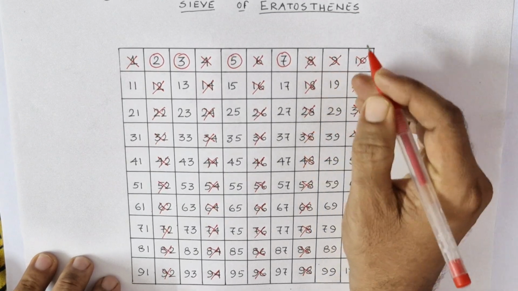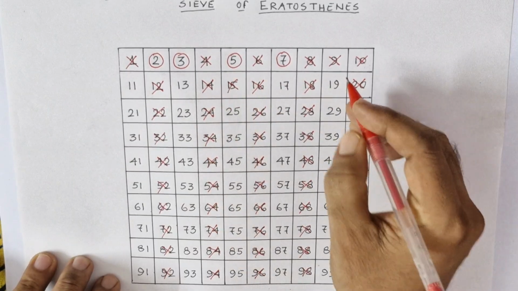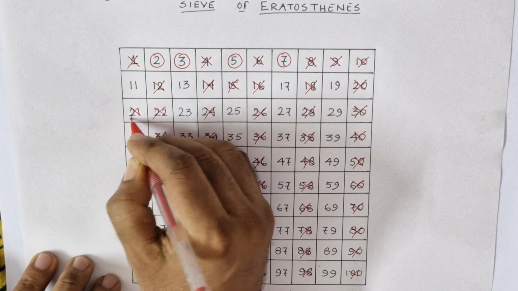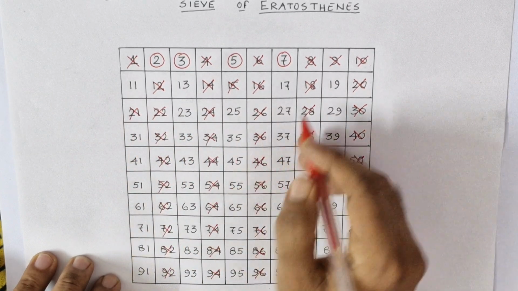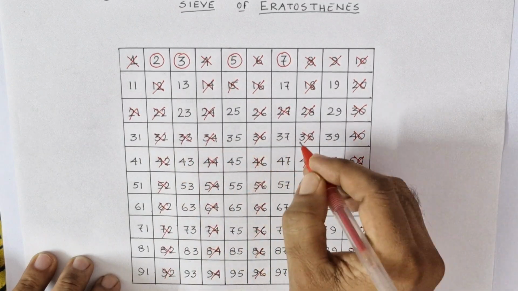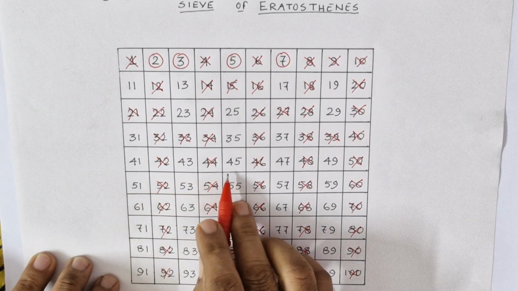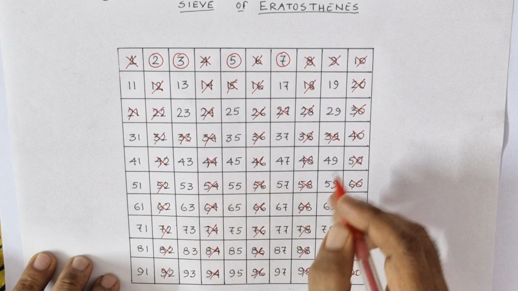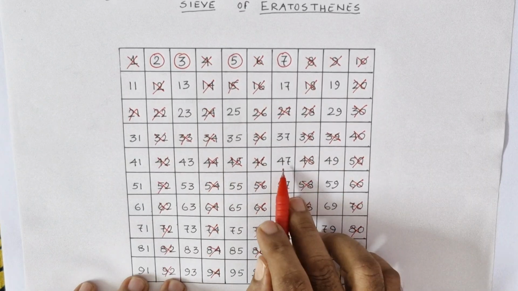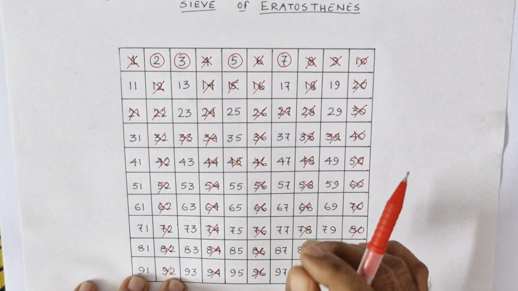So 9, it's gone. Then comes this one, this is gone, this one, gone. See, after every interval of 3 you will get a number which is divisible by 3.